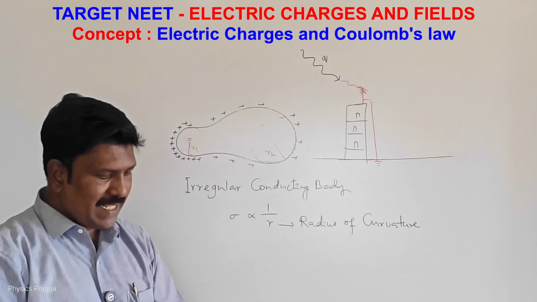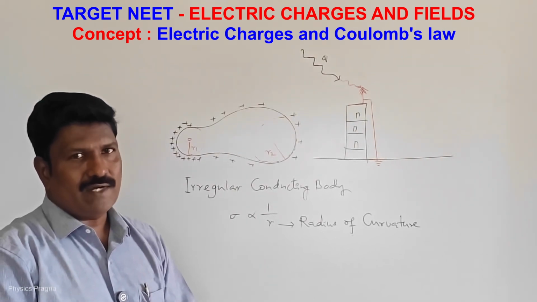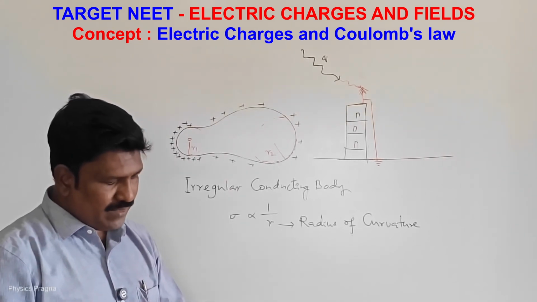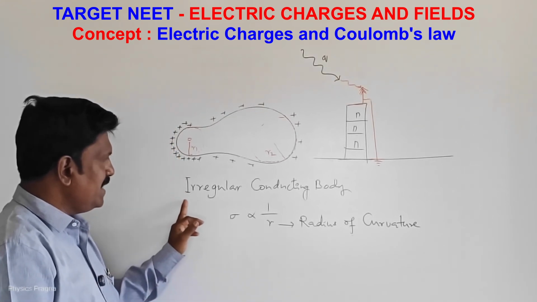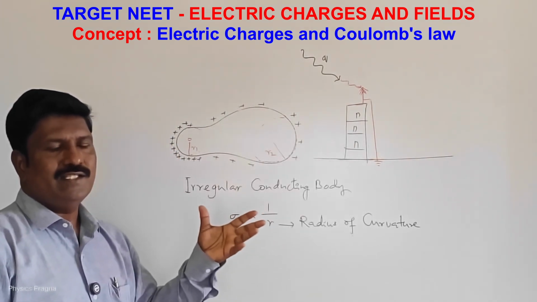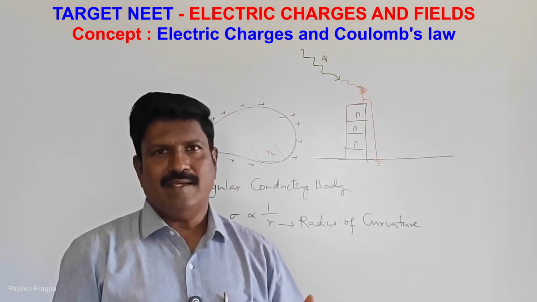Like this, skyscrapers, police stations, and important buildings are safeguarded from lightning by using the property of charge: charge always accumulates wherever the radius of curvature is less. Like this, charge distributes on conducting and non-conducting bodies.